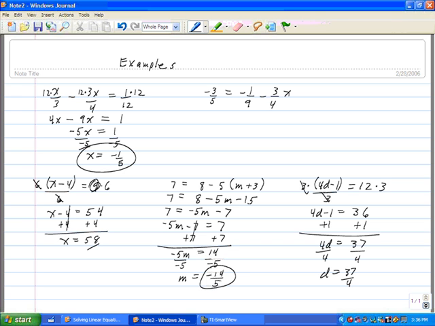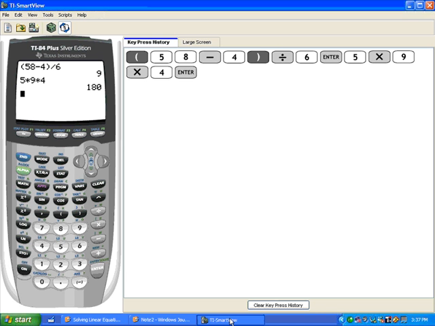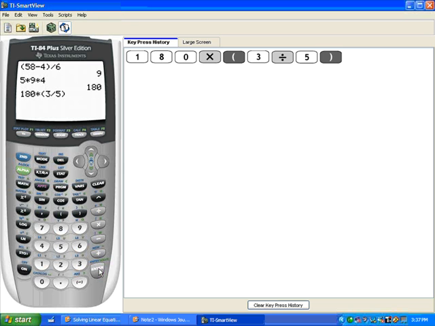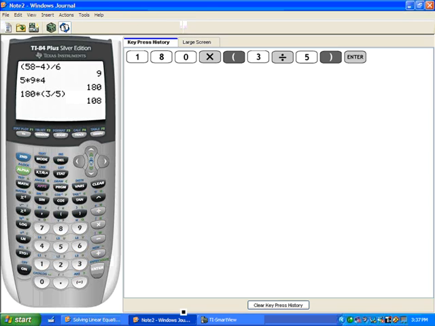We have our calculator here. So we're going to multiply all the way through by 180, in all 1, 2, 3 places. So let's let the calculator help us with these. 180 times 3/5 would be 108.